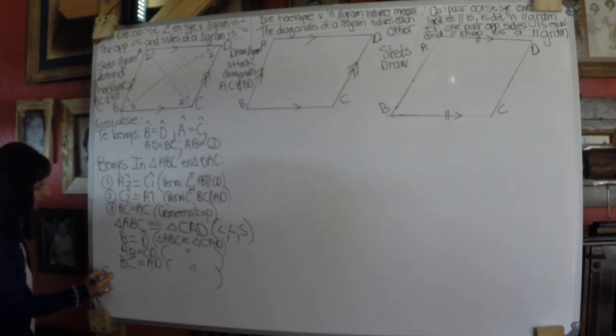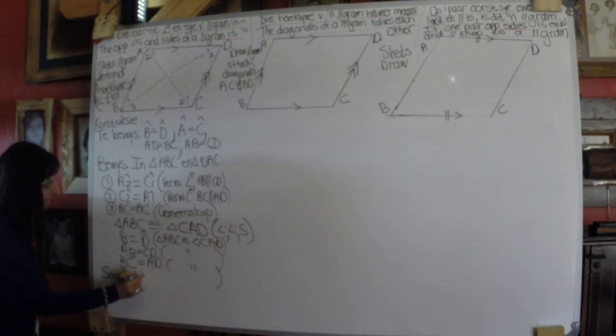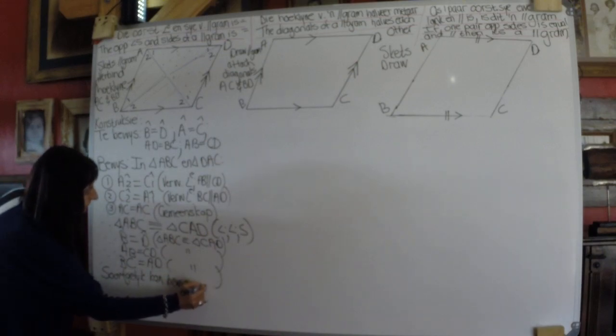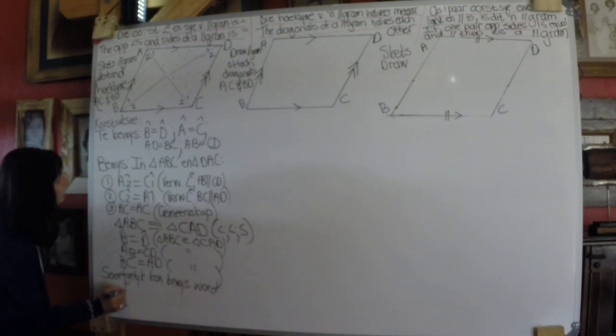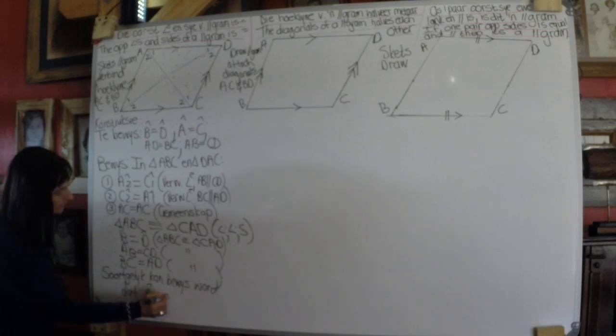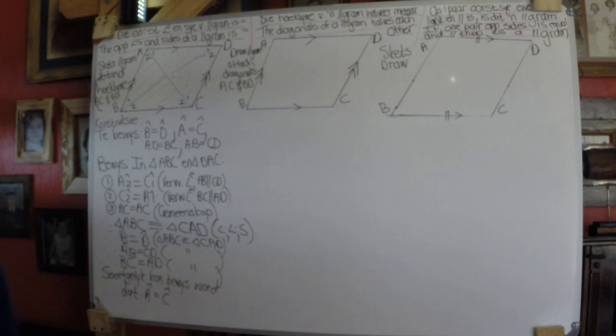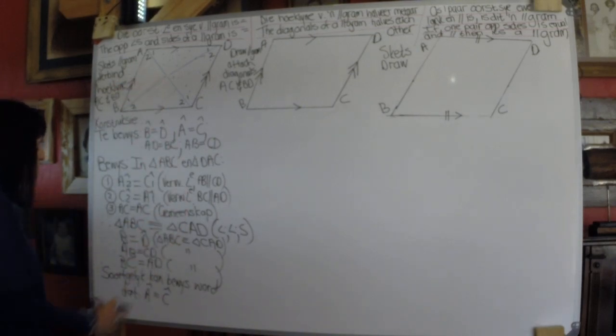Similar, soortgelyk. Kan bewys word dat hoek A gelyk is aan hoek C. En dit is my eerste bewys, graad 10's, en jy moet dit presies so gaan neerskryf.